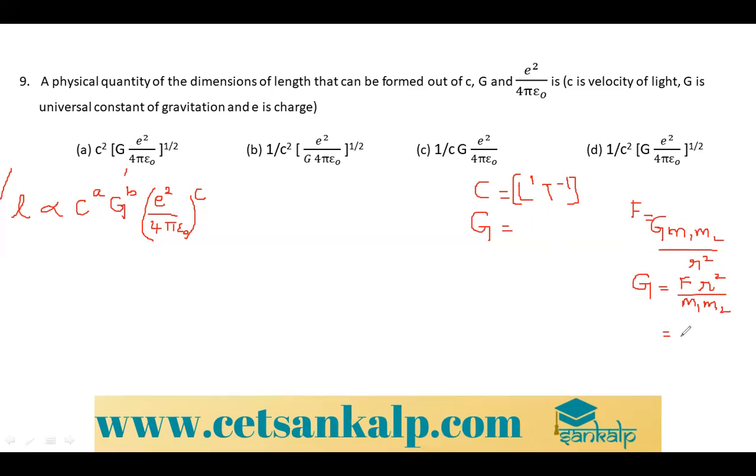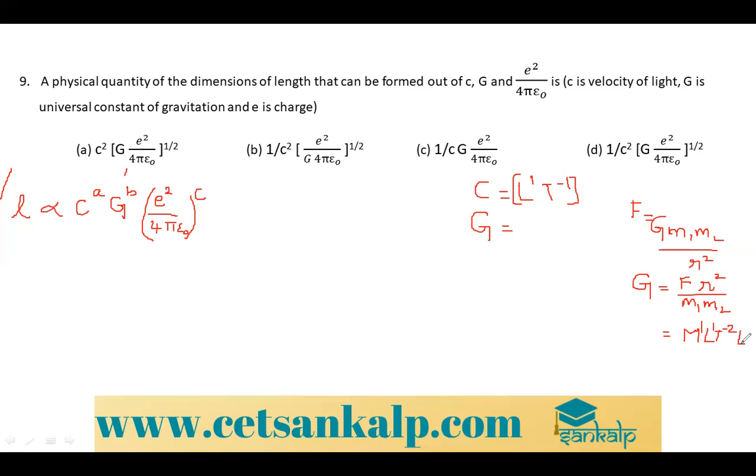So you can say m to the power minus 2. Okay, before that we'll write down the dimension formula for force. What is the dimension formula for force? M to the power 1, L to the power 1, T to the power minus 2.